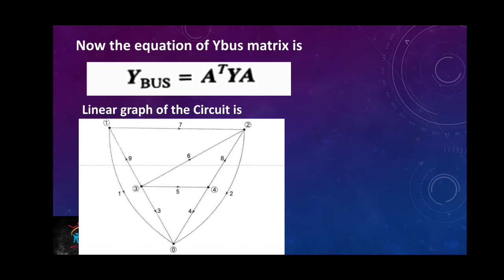Now put the value of V bus in the previous equation, J bus is equal to Y bus V bus, so we get Z bus is equal to Y bus inverse, or Z bus is equal to 1 upon Y bus, and Y bus is equal to 1 upon Z bus.